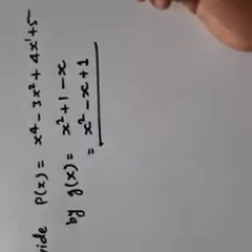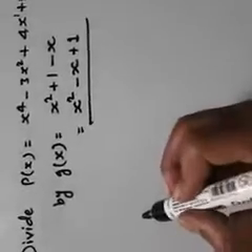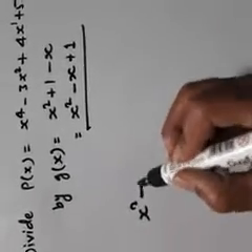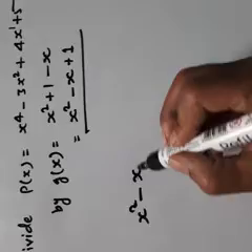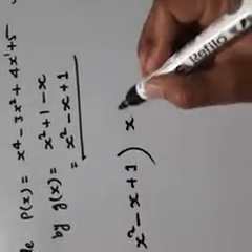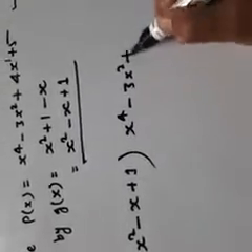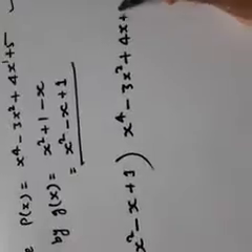Now it has become descending order of degrees. Now students, we can divide. So dividing, the divisor this time is x square minus x plus 1, and we have to divide x raised to the power 4 minus 3x square plus 4x plus 5.